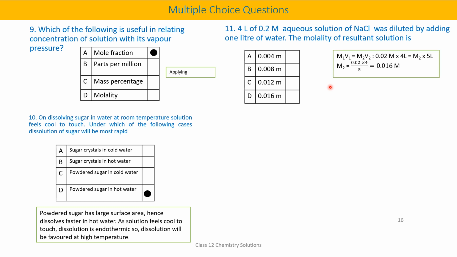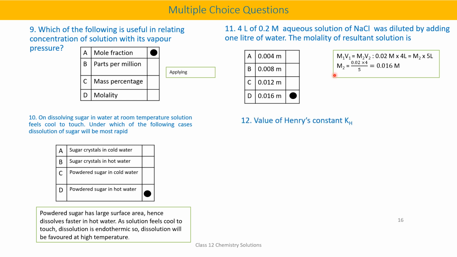So you have to calculate and mark it. Calculations are shown on the screen. M1V1 is equal to M2V2. That is 0.2 M into 4 liter, 4 liter is V1, that is equal to M2 into 5 L. That is M2 equal to 0.2 into 4 divided by 5, and its value is 0.16 m. So you please mark it.